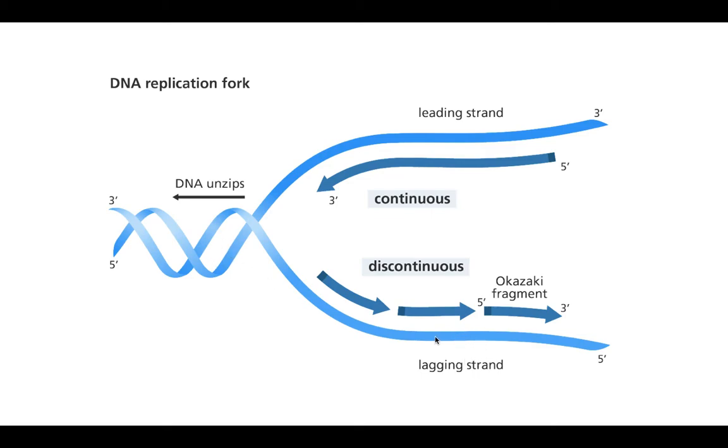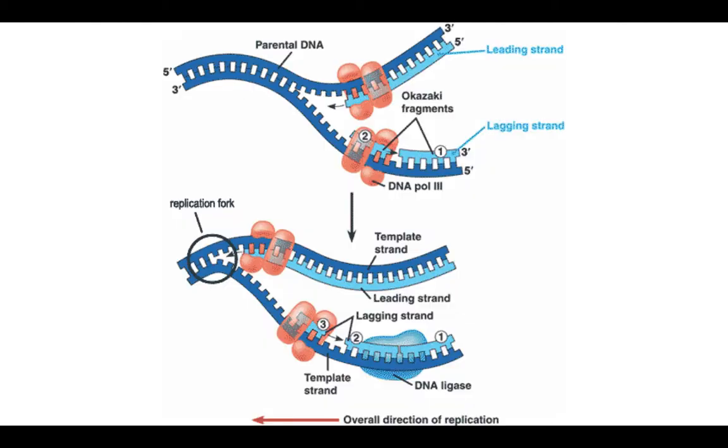Then when it got exposed, a new Okazaki fragment started. And when this next piece got exposed, a new Okazaki fragment was started. And now that this piece is being exposed, there's going to be a new Okazaki fragment formed over here. Okazaki is just the name of the scientist, he was Japanese, who first discovered that that's how this works.